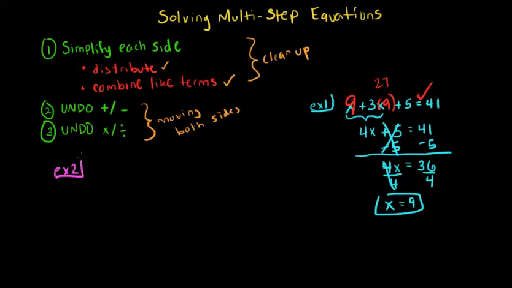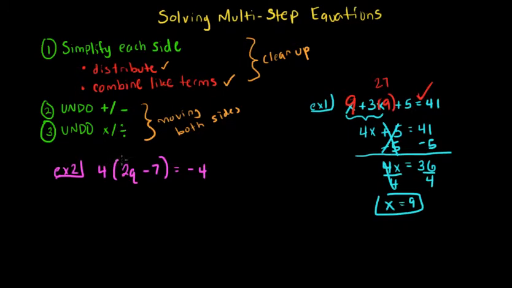Example 2. Alright, so for example 2, let's say we have 4, and then in parentheses 2q minus 7 equals negative 4. Alright, so first things first, I see some distributing, so let's do that first.